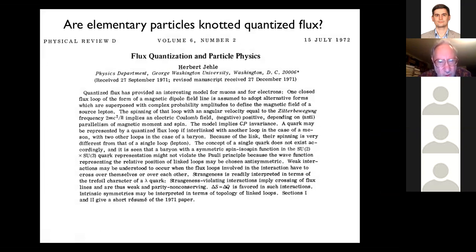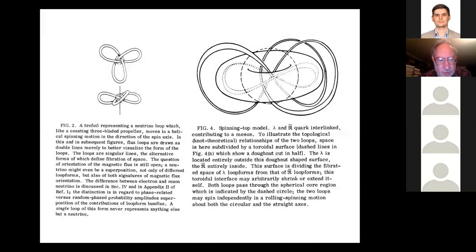He was quite taken with the idea of Kelvin pushed down to the elementary particle level. He felt that elementary particles like quarks and baryons were knotted quantized flux. And he had many beautiful pictures of the knotted quantized flux loops and how they should behave and how particle interactions should be mediated by their topological geometry.